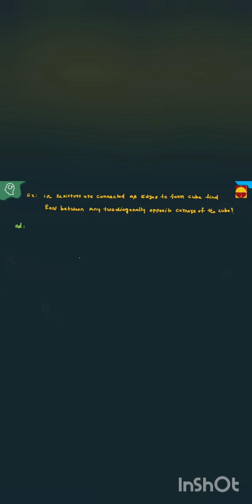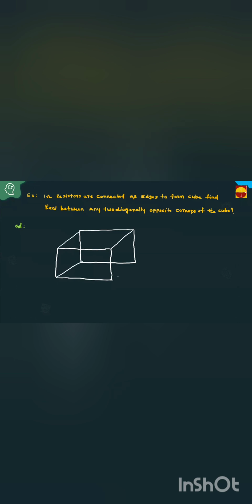See, for example, this is the cube. It's a given cube. The cube is given like this.